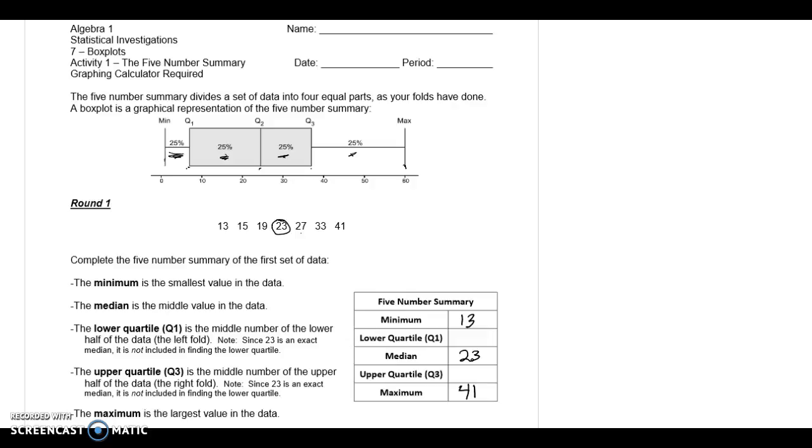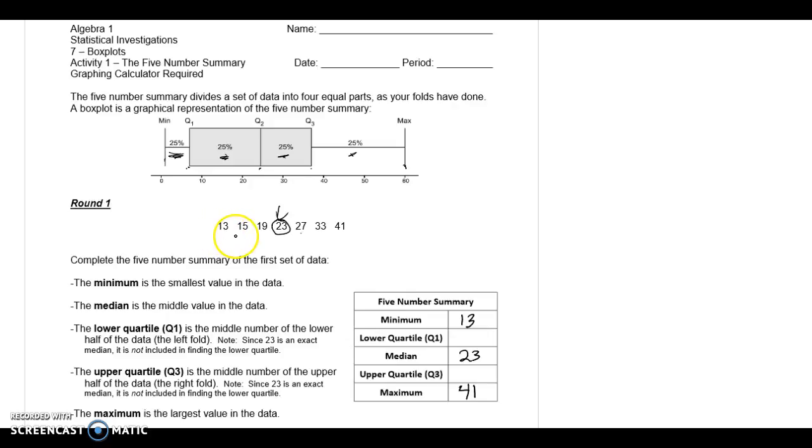To find Q1 and Q3, you notice that the median will divide the data into 2 halves, an upper half and a lower half. To find quartile 1, which is the lower quartile, we're going to find the median of the lower half of the data. Because we know what the median definitely is, we don't include that as part of the upper half or lower half, because it really isn't. It's right in the middle.